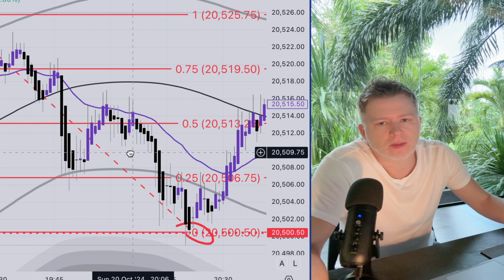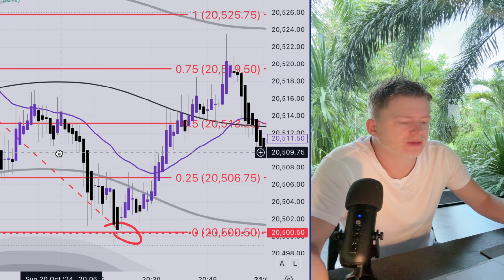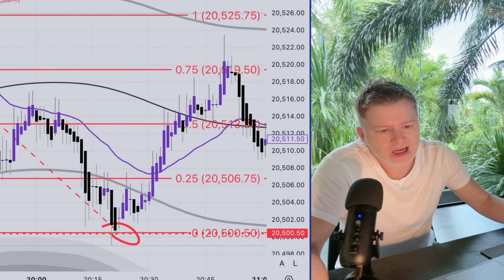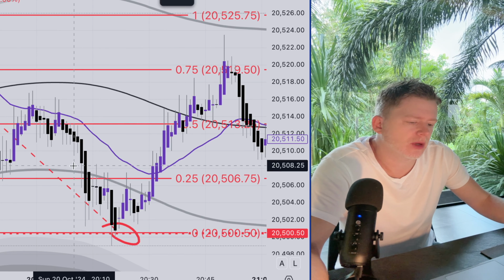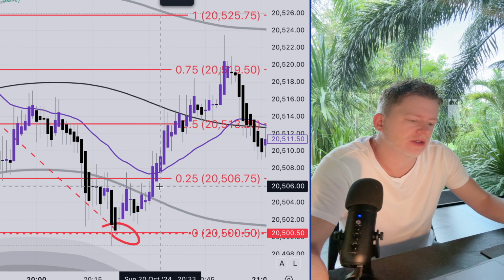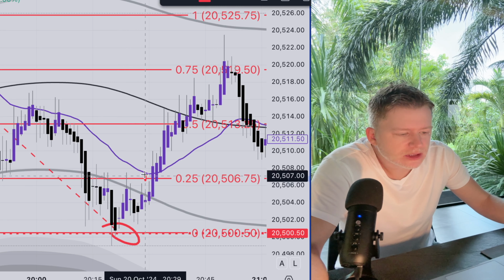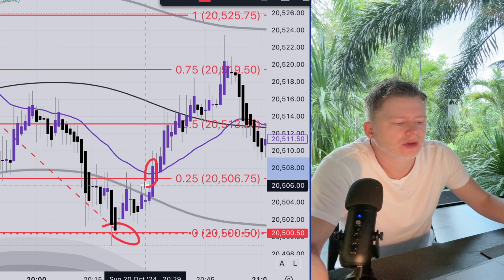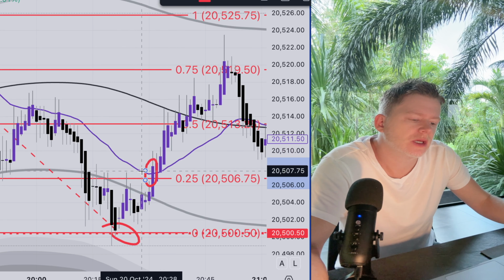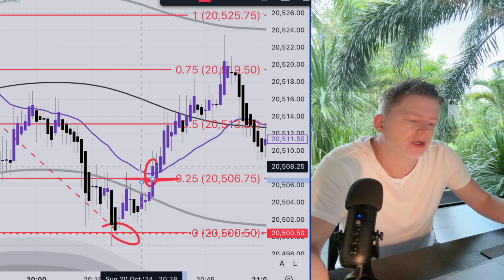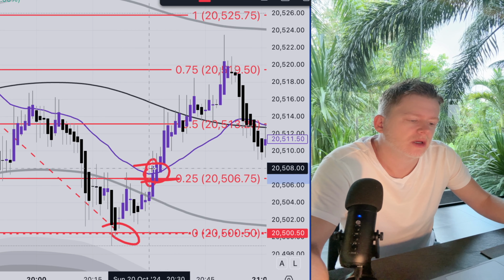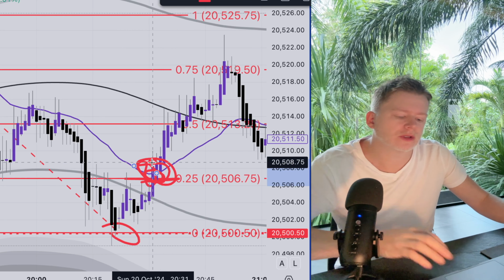Once it crosses above the 25% retracement and closes above the EMA, that's your signal. So right here, this candle closed above the 25% retracement and it closed above the EMA. Go long. That screams go long right there.